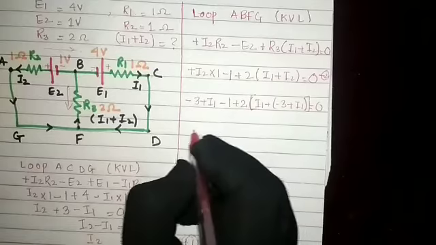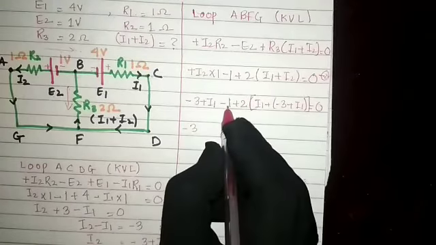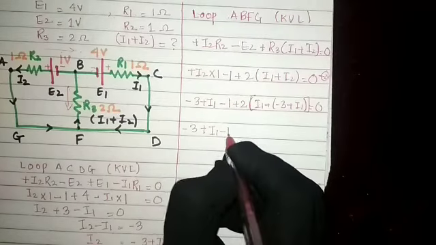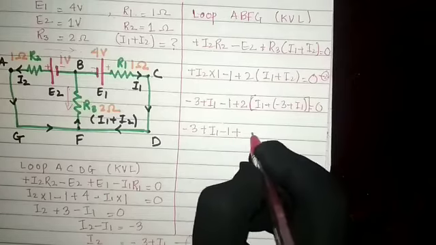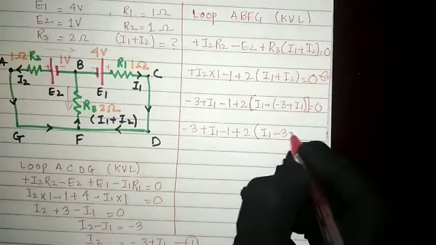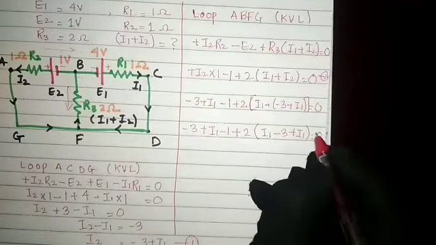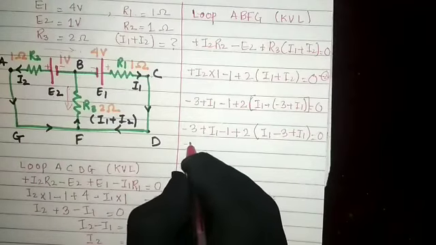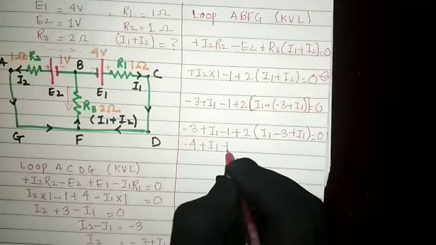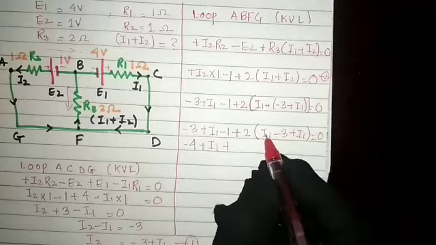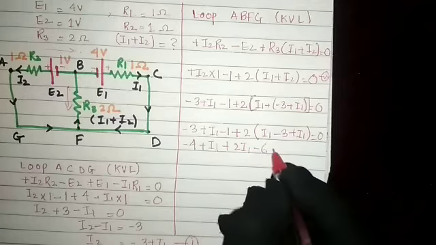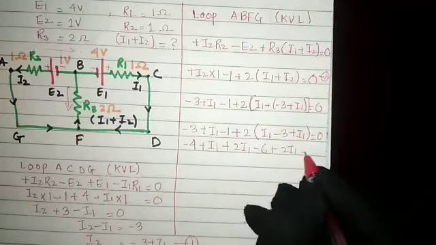So minus 3 plus I1 minus 1 plus 2, open the bracket, I1 minus 3 plus I1 is equal to 0. Minus 3 minus 1 is minus 4, plus I1, now open the bracket and multiply by 2: minus 6 plus 2 I1 is equal to 0.